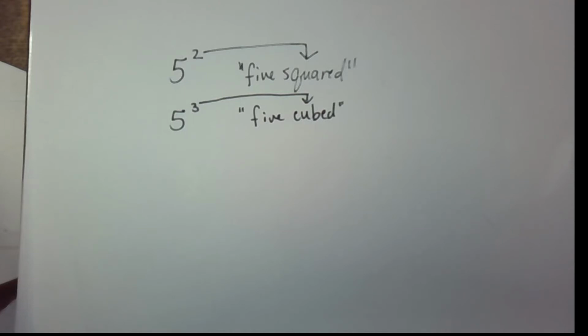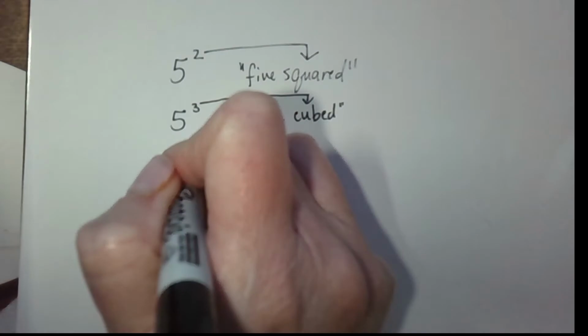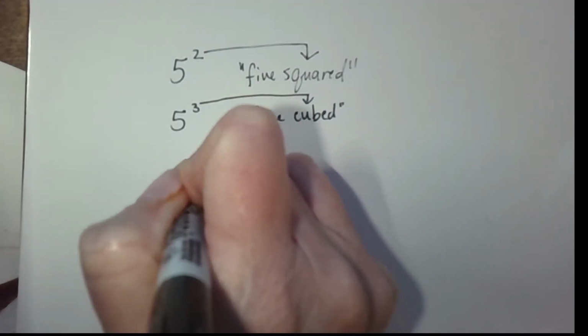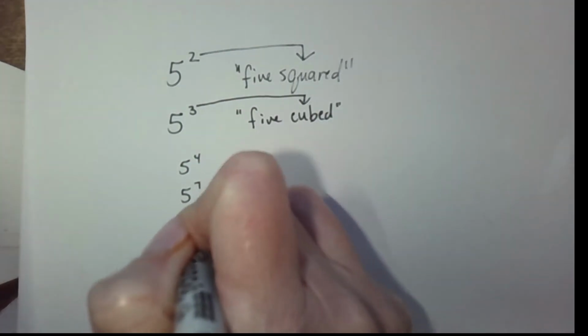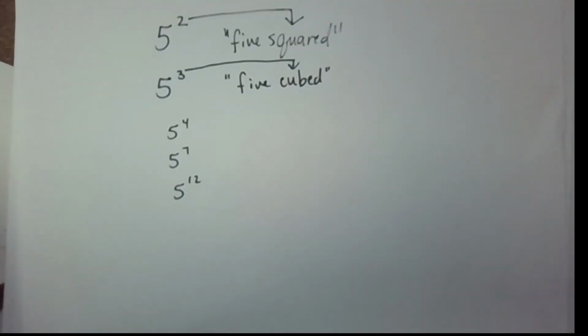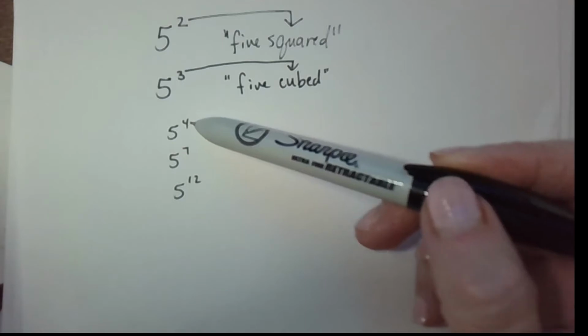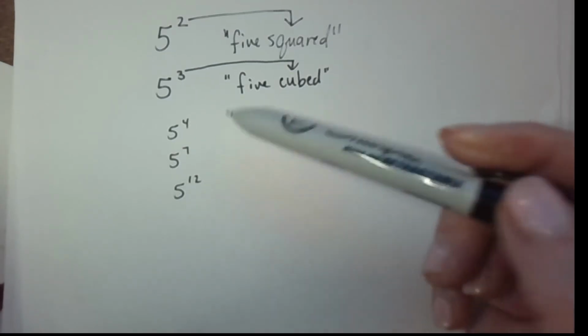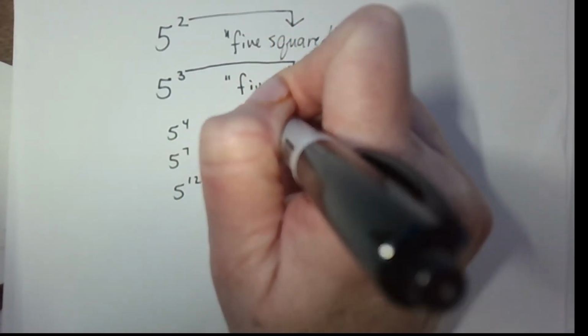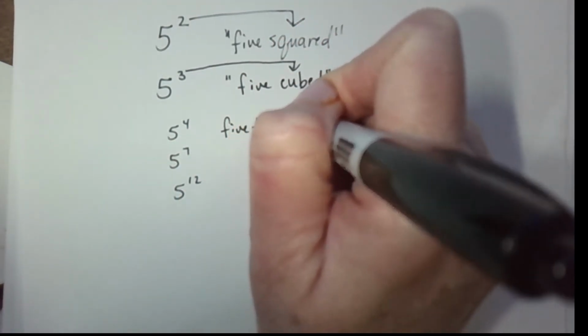Now if your exponent is higher than that, so let's say you had 5 to the 4th, or 5 to the 7th, or 5 to the 12th, just different exponents that aren't 2 and 3, then you just address the exponent by what the number is. So you would say this is 5 to the 4th power.